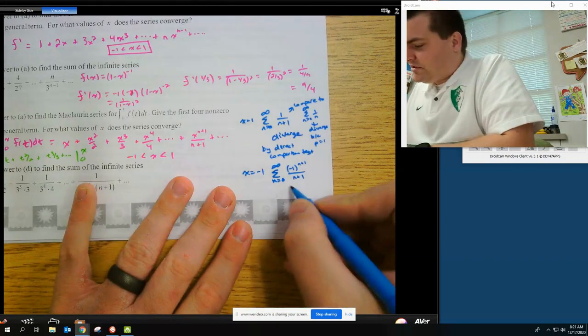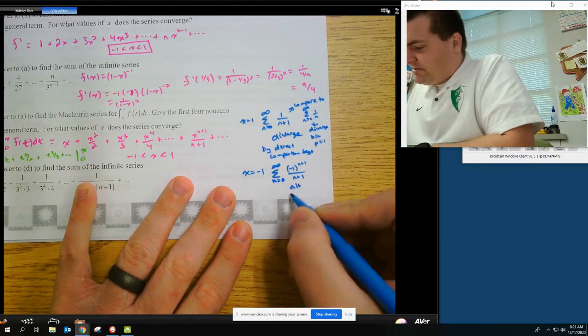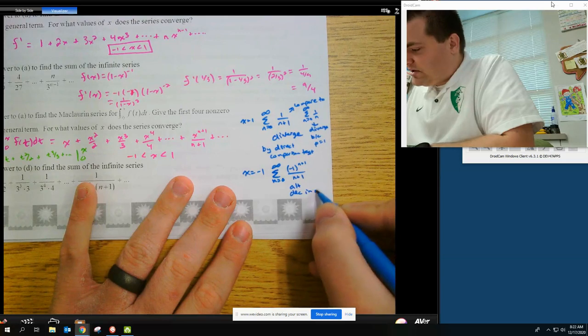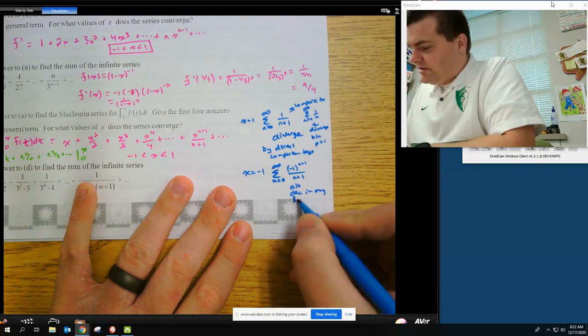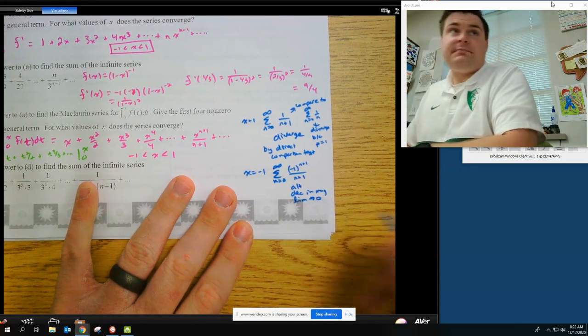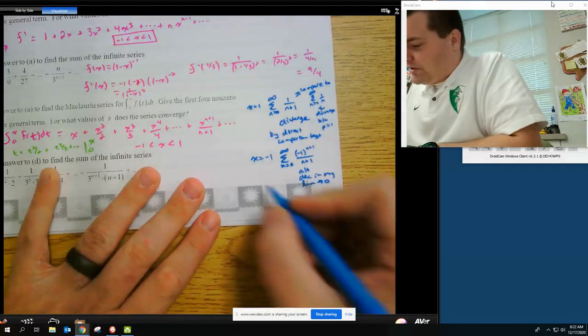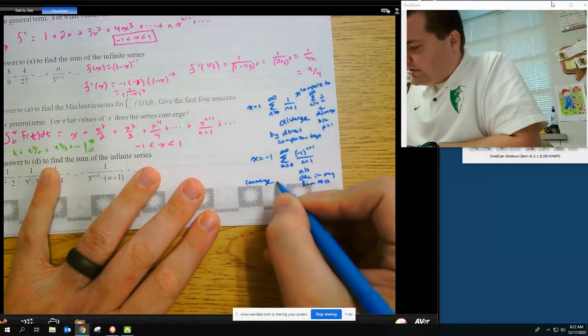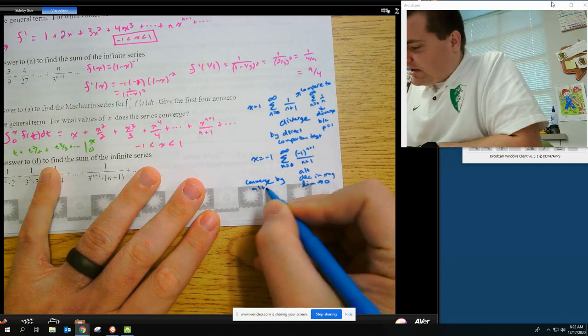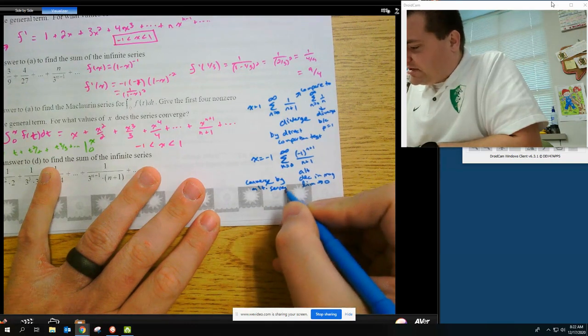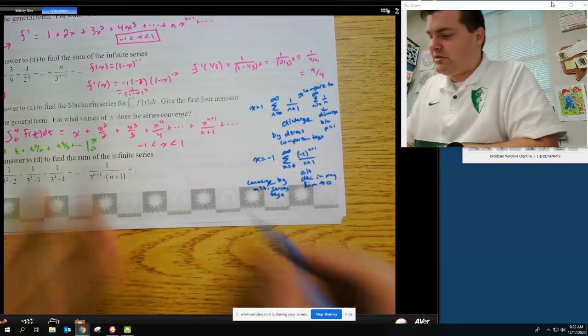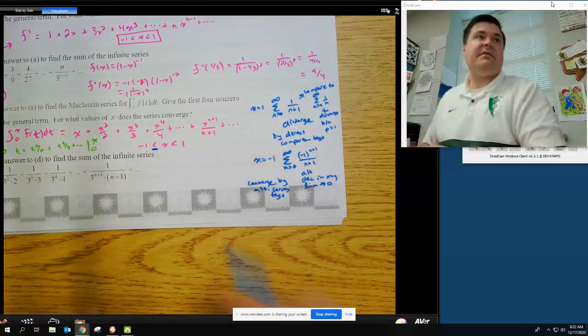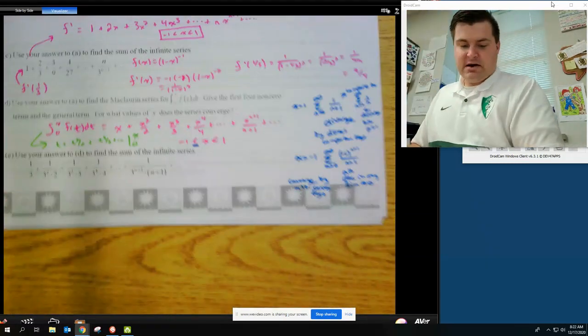And so this is alternating. This is going to be decreasing in magnitude. The limit is going to go to 0. So therefore, this one's going to converge by the alternating series test. So this converges right here. So I'm actually going to have a little guy right there. So it will equal for that one.